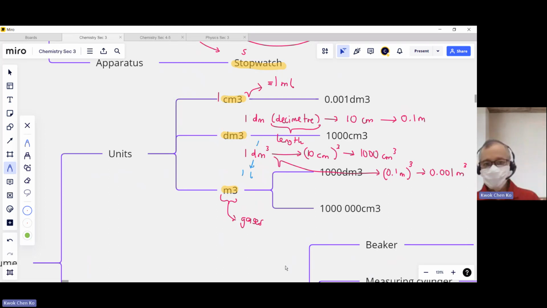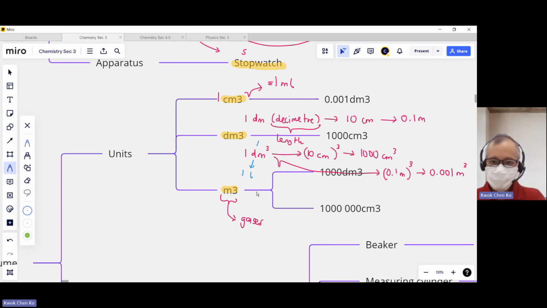Gases encompass a large volume, and gases are very low in density. So even though you may have a large volume, the mass is not that much in comparison to liquids. So just be very mindful, cubic meter is often used for gases.